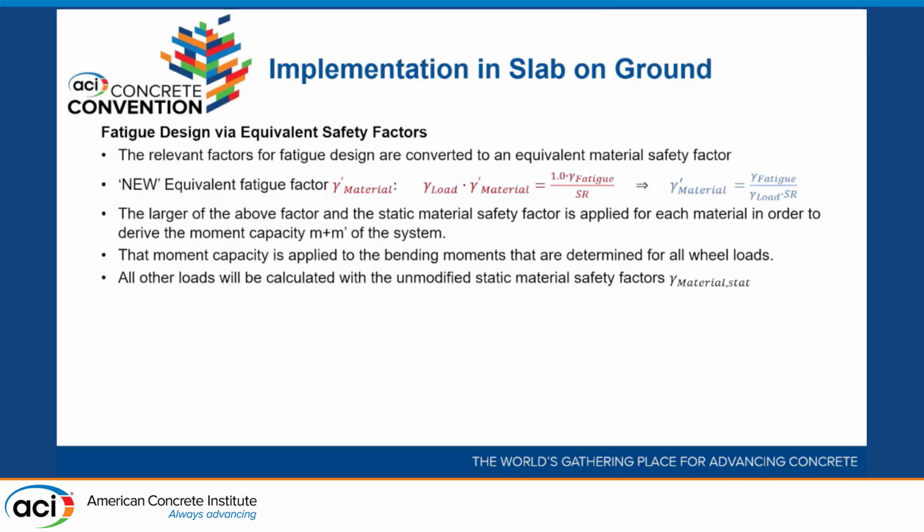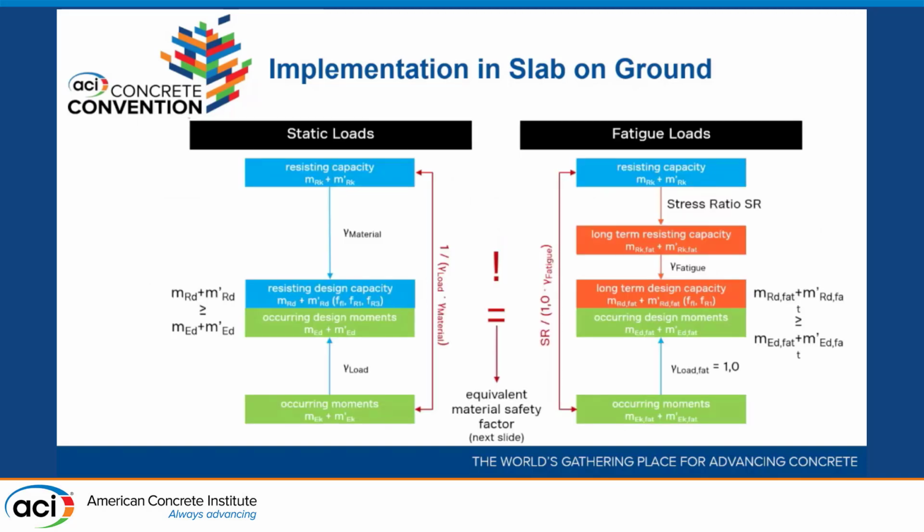So we've defined internally a new equivalent fatigue factor based on the load factors and the fatigue factors. This is for static, so we call it gamma prime of the material. And so these are the load and resistance factors equal to this. You can see that equivalency here.